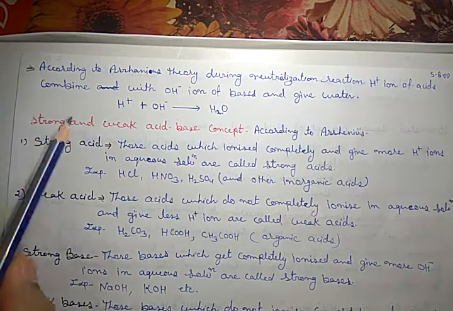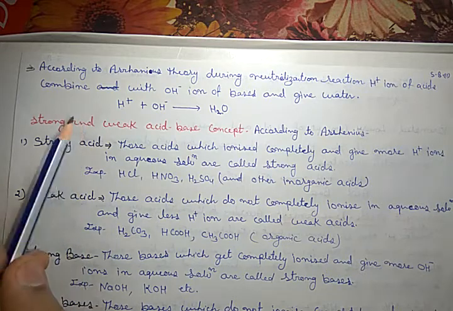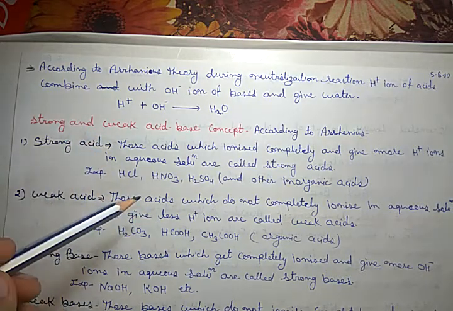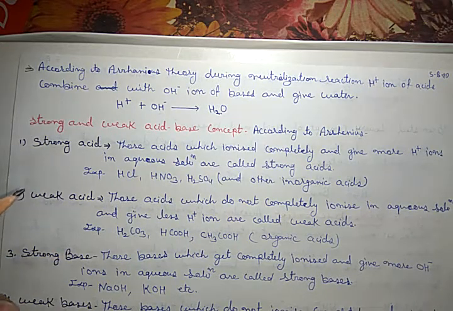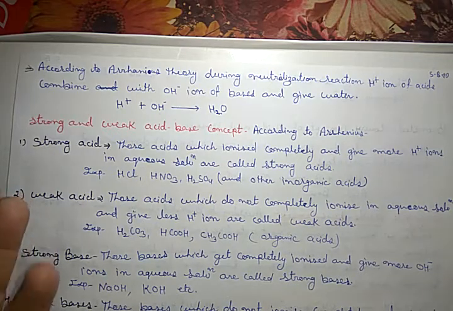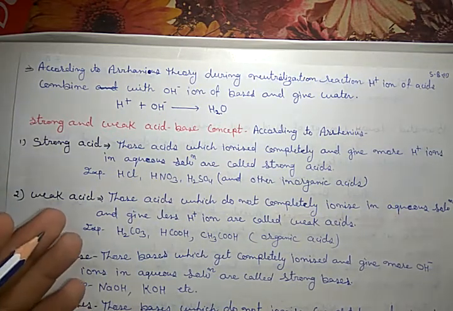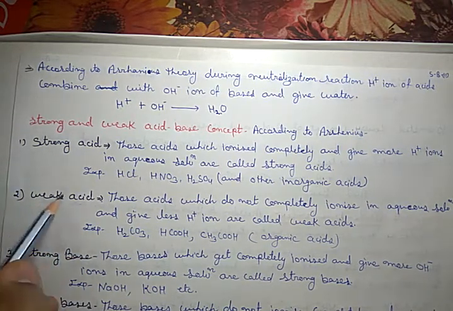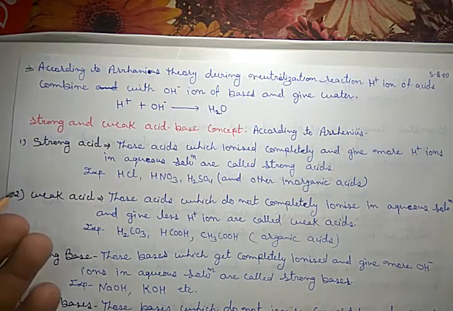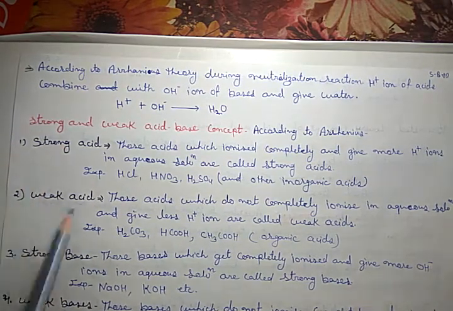So strong means ionized completely and gives more H+ or more OH-, while weak means not ionized completely, or less ionized, or remaining unionized. We can use three terms: less ionized, unionized, or less decomposed, and it gives less H+ or less OH-. Clear? Now come to the topic.